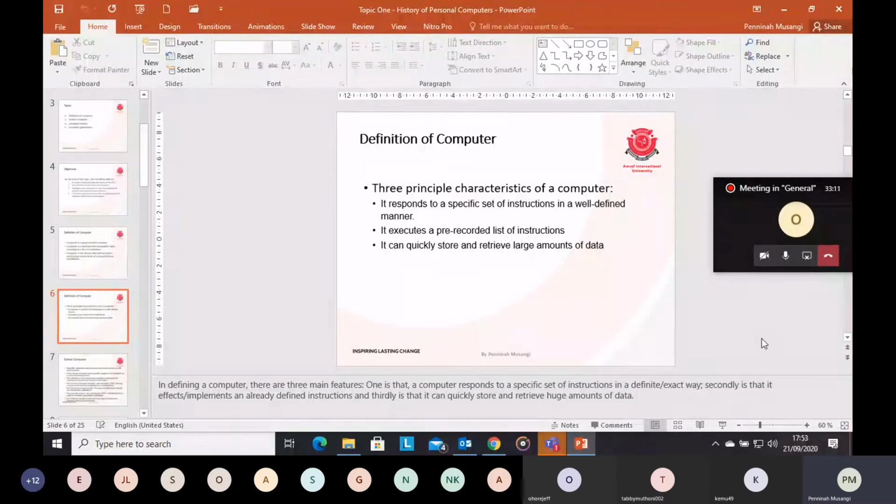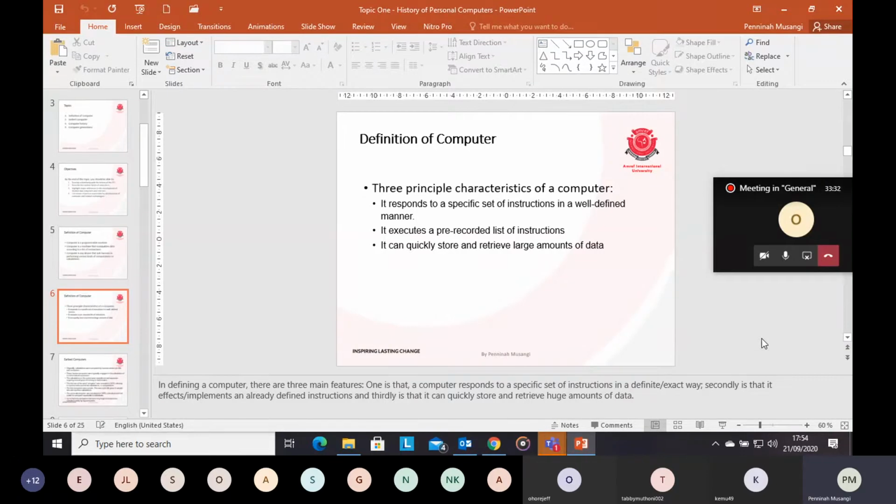And these instructions are well defined. And as I said, when I was talking about being programmable, it follows your set of instructions. All these instructions are structured, and they are structured and set by human beings. So that is a principal characteristic coming out from the definition of a computer.